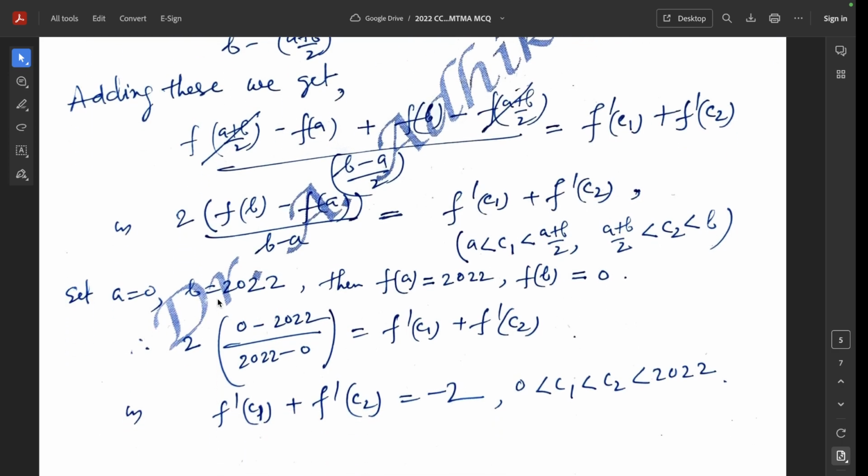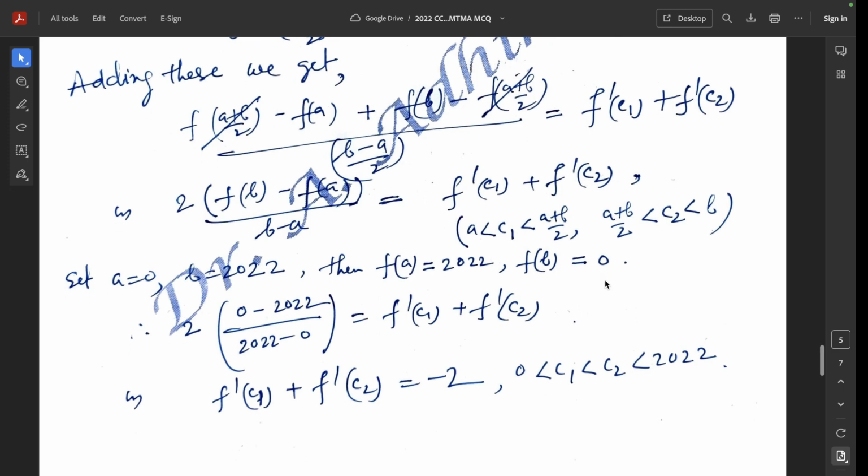And set a equal to 0, b equal to 2022, then f(a) equal to 2022 and f(b) equal to 0. So putting all these values in this, 2 into (0 minus 2022) by (2022 minus 0), this cancels, minus 1, that's equal to minus 2. Hence the answer is correct.